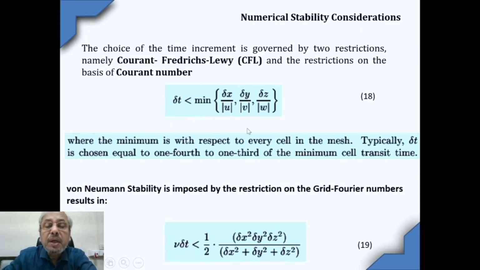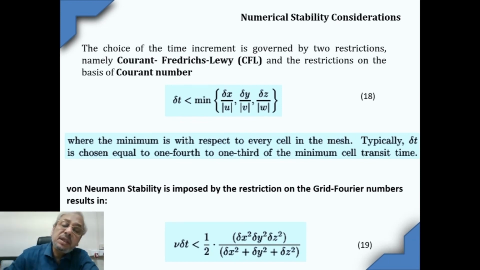So basically, in each cell, whatever is the Courant number corresponding to the cell velocity at that cell, from there we can calculate delta t, and here the minimum over the entire domain we calculate delta t. Typically delta t is chosen less than the minimum of this delta t at all cells based on Courant number in x direction, y direction and z direction.